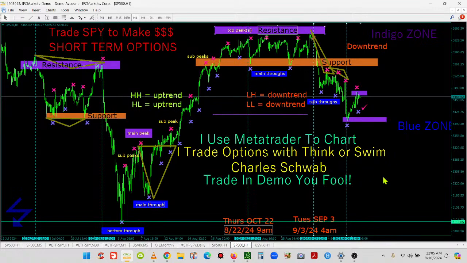What is that? The blue zone. Okay. Mark my words. Blue, indigo. You guys know what's up.